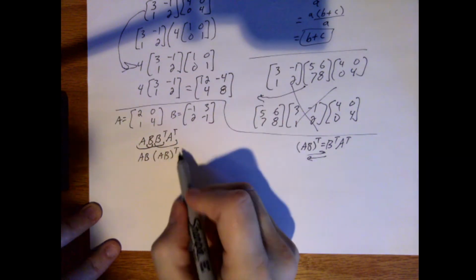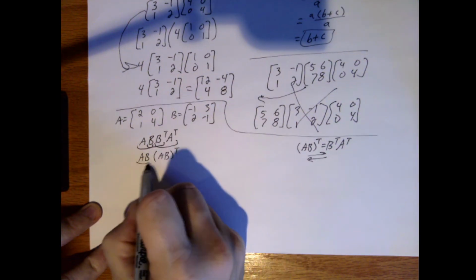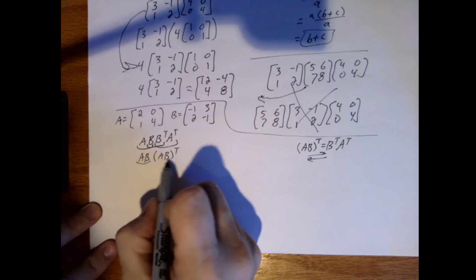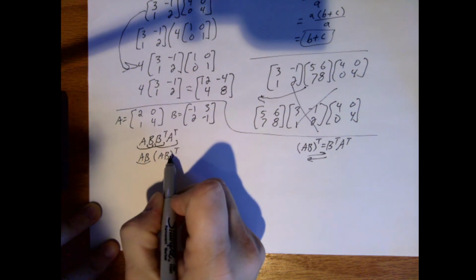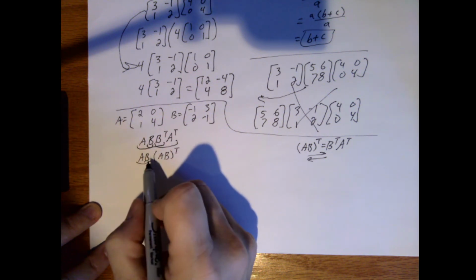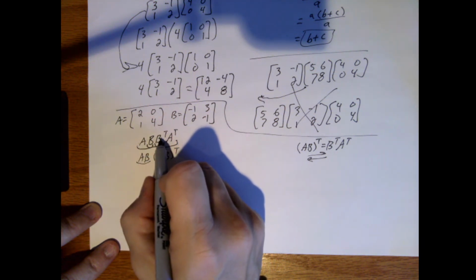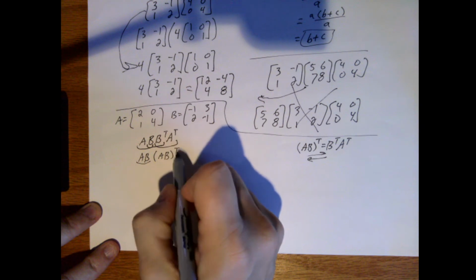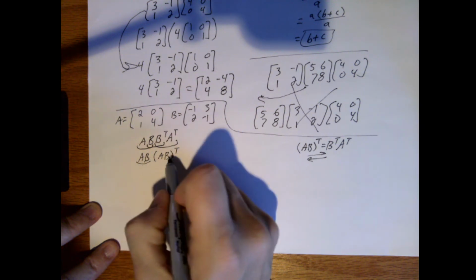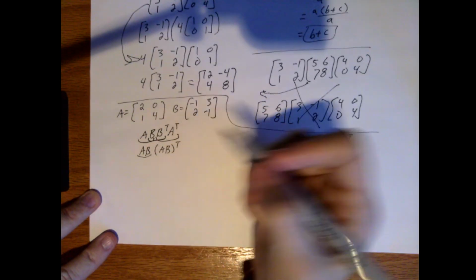And you say, well, what benefit was that? Well, I have to produce AB anyway, so once I produce this AB, I just plug it in here and then transpose it. I'm still going to have to produce several products, but I don't have to multiply this times this times this times this. I just do one quick step and I've already produced one of the products that I can reuse. So that's what I'm going to do here.